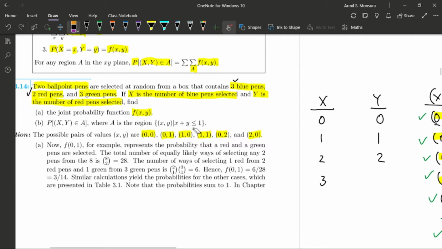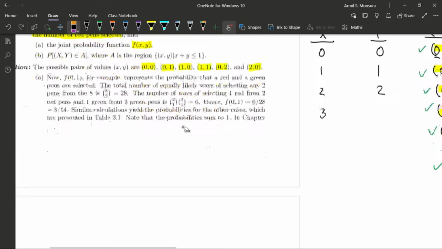Which means the region we are considering is where the sum of x and y is less than or equal to 1. We will look at the probability that this scenario happens.